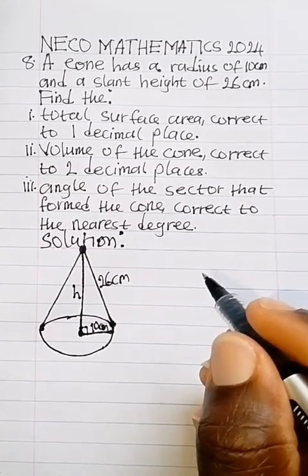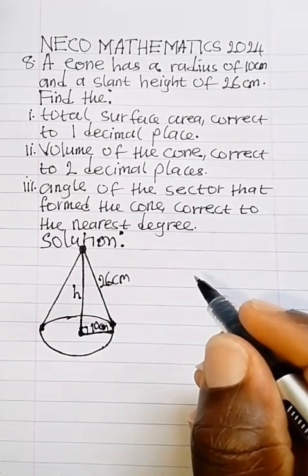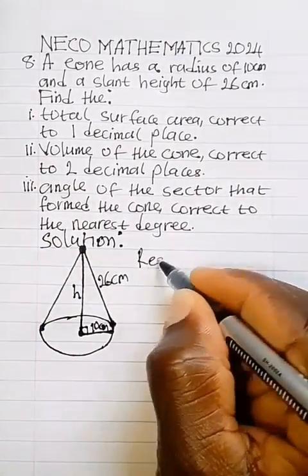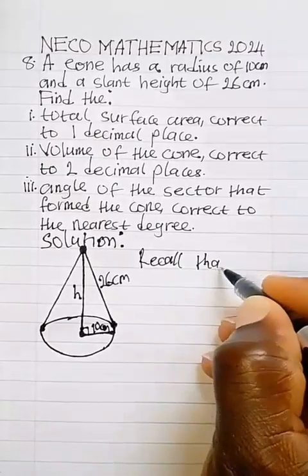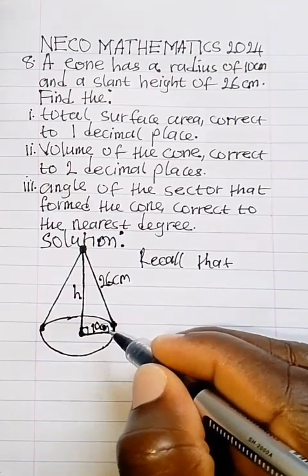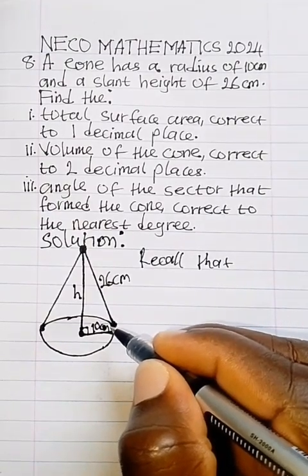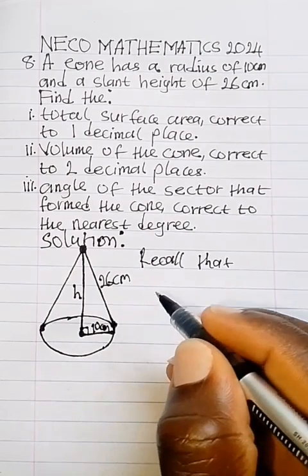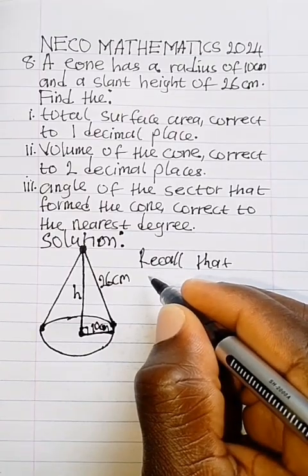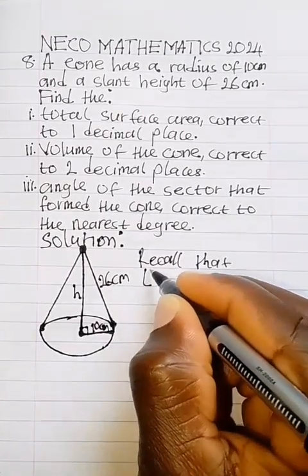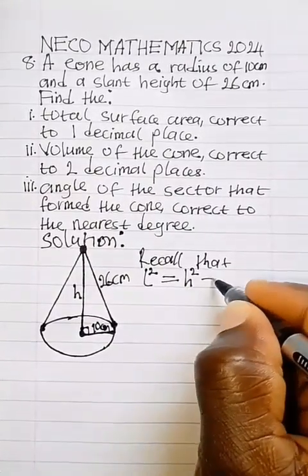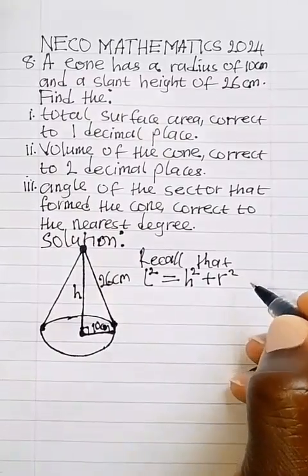In order to do any other thing, we need to find the height. You have to recall that the height, the slant height, and the radius are connected by Pythagoras' rule: L squared equals h squared plus r squared.